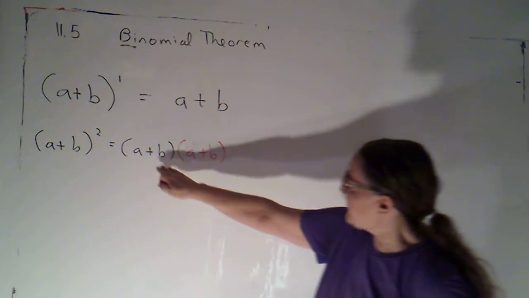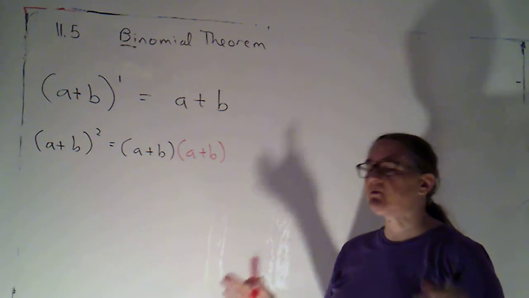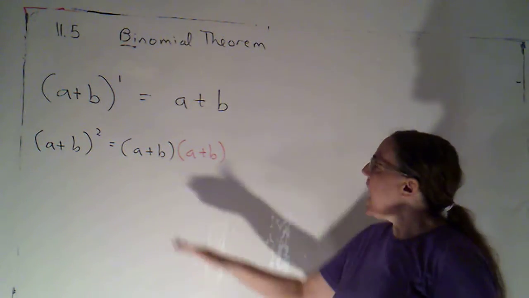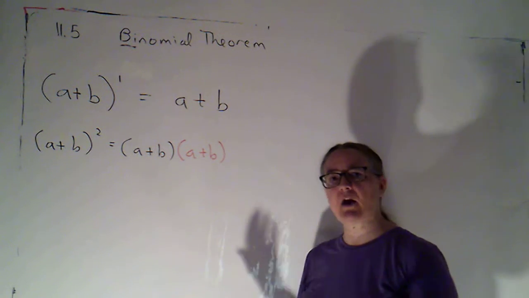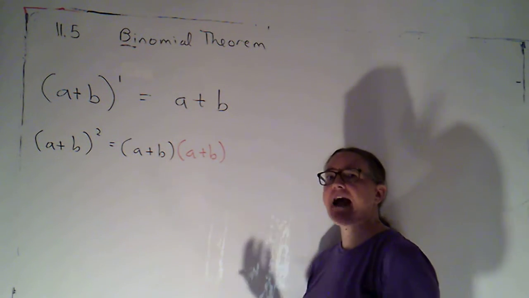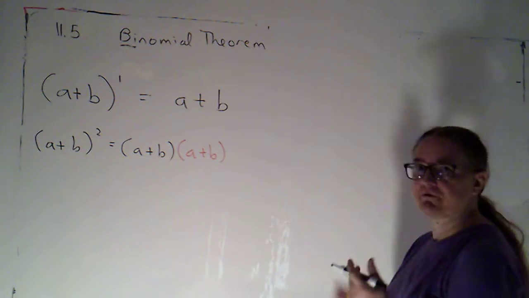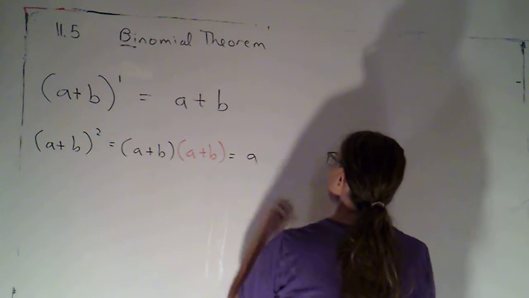Now, I've written the first factor in black and the second factor in red. There is no difference between the black a plus b and the red a plus b. I'm just doing this so that as I work this out, I can keep track of where the different factors that I have come from. Because without a shortcut, I would just FOIL this out. So my first terms would be a times a.